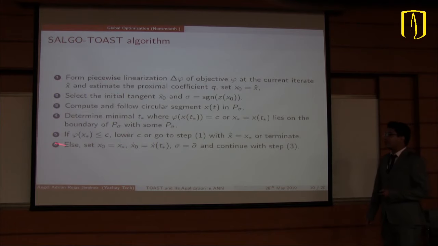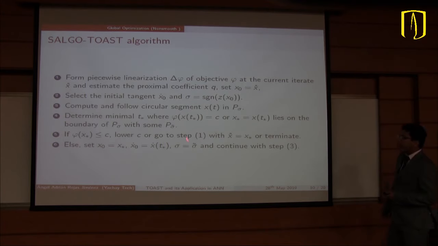In the last two steps, if the function value is less than or equal to the target level, we have three possibilities. We lower the target level so that our search direction is still looking at another lower target level, which, if it is not too ambitious, can be done.